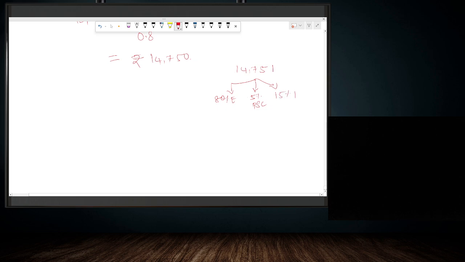Now what is 80% of 14,751? 11,800.8. Now listen, if the company wants to raise an additional capital of 14,751 rupees, they want 11,800.8 rupees of shareholders fund. But do they have 11,800.8 rupees?